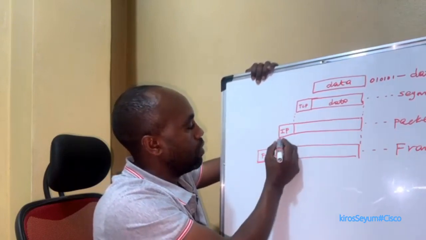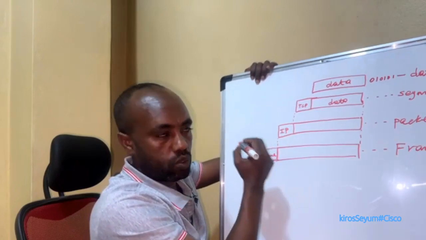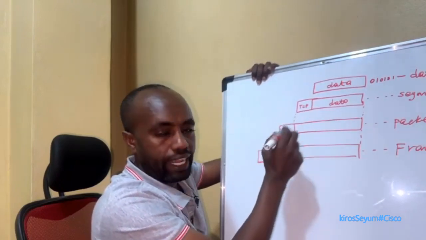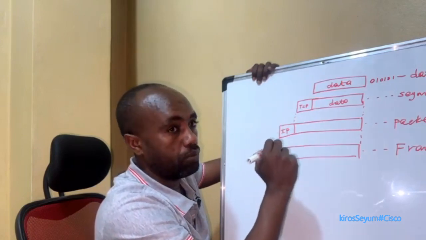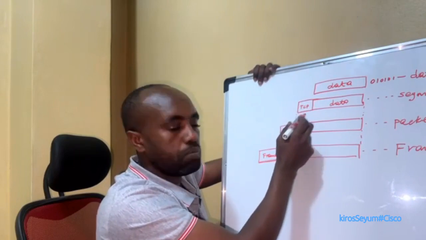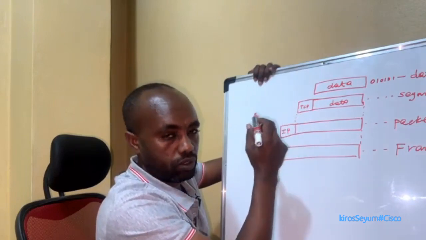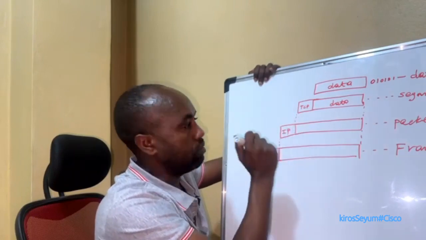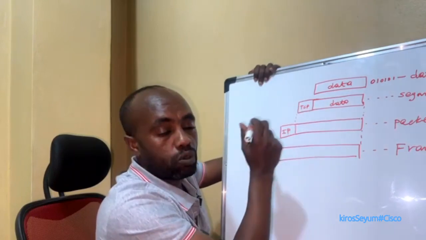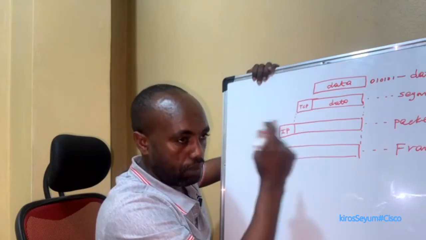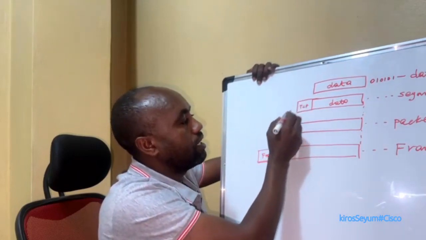When we go to the IP, we have source and destination IP addresses and the type of IP: is it IP version 4 or IP version 6? In the TCP, we have two types of transmission control protocols: is it UDP or TCP? And the TCP or UDP port numbers, destination and source port numbers, are embedded here.